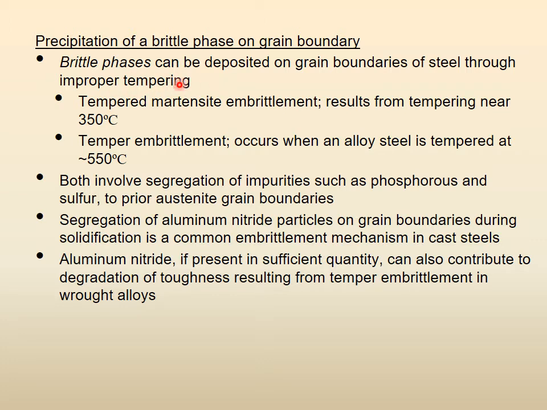So tempering. Tempered martensite embrittlement results from tempering near 350 Celsius. Again, if you go to your material science and your phase diagrams for steels, the iron carbide diagram, then martensite is a phase that forms in steels when you do not have equilibrium cooling, right?